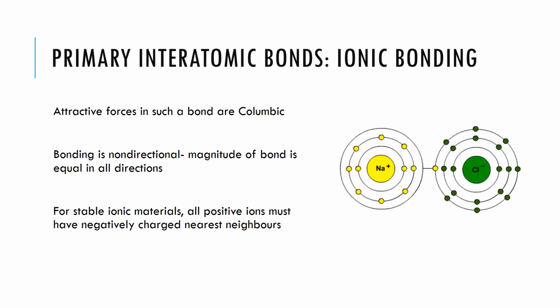And for an ionic material to be stable, you think about a teaspoon of table salt, that's a stable material, it's sodium chloride, all positive ions must be surrounded by negatively charged nearest neighbours. And we'll see as we start to discuss the structure of these materials in terms of the crystal lattice that this holds.